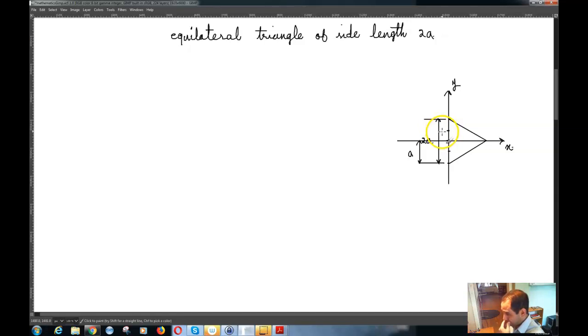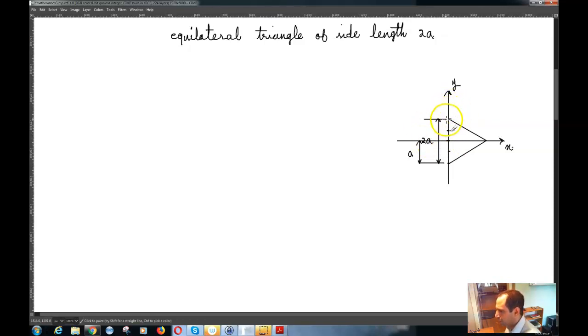Okay, so if the length of this side is 2a, you can say that this distance is a.